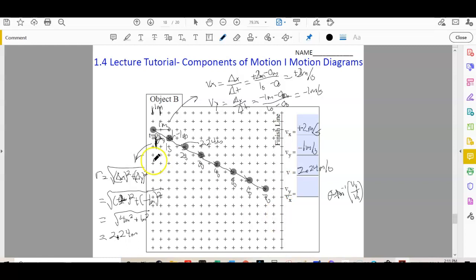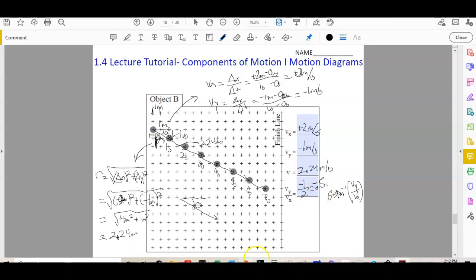Now, to get this angle theta right here. So it's moving down and to the right, and we're going to be getting this angle right here. Okay, so that angle is going to be Vy over Vx, right? So that's negative 1 over 2. So that's negative 0.5, right?